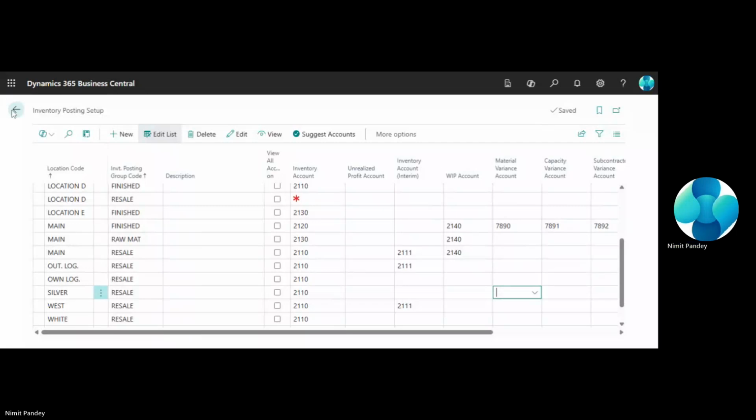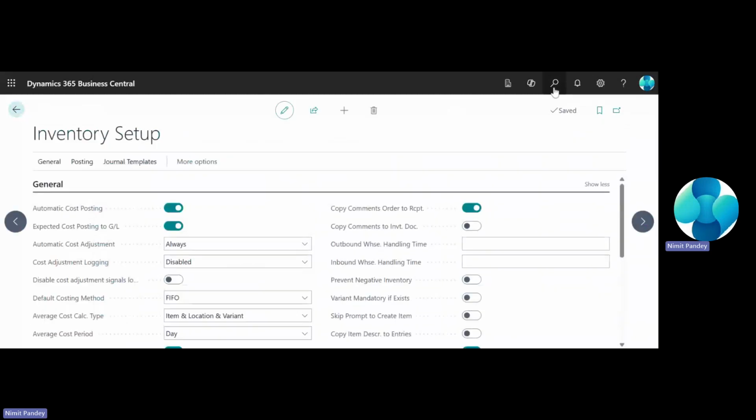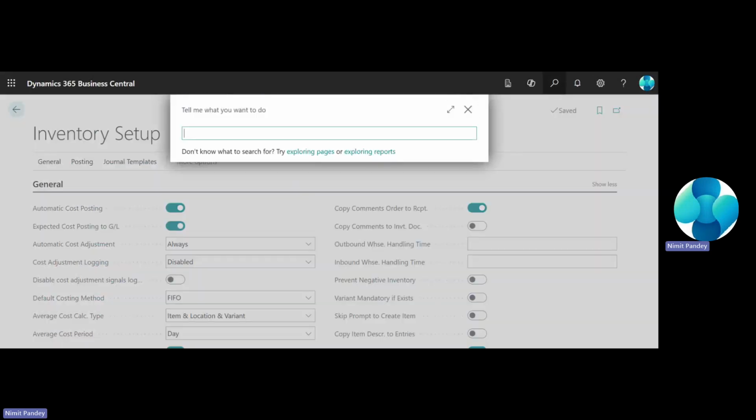So we are discussing two things. First is where the system picks COGS. Okay.